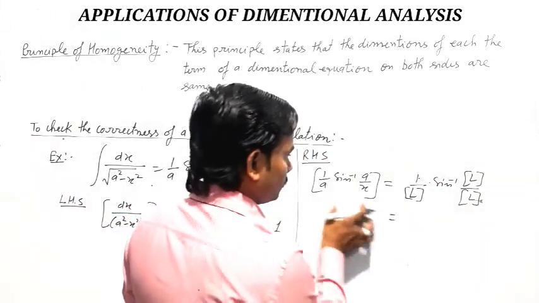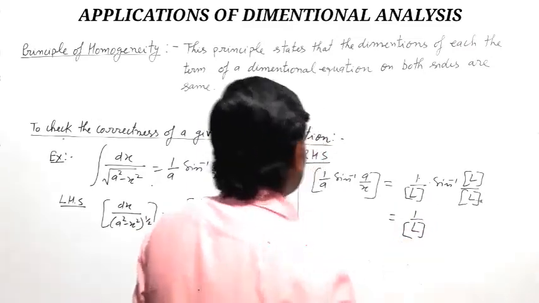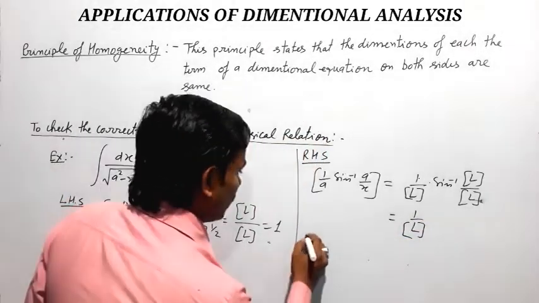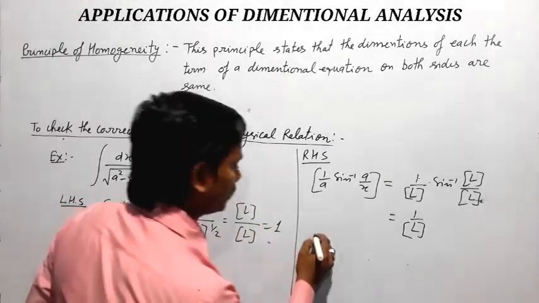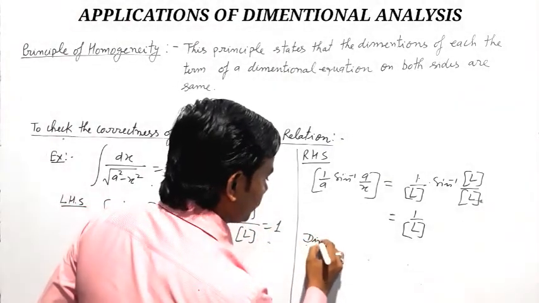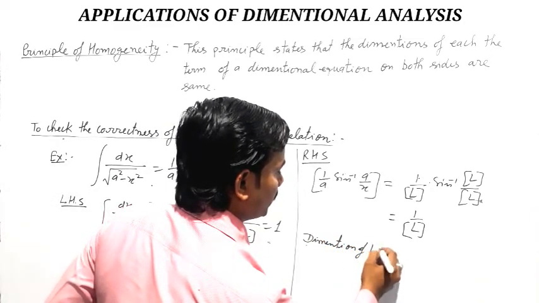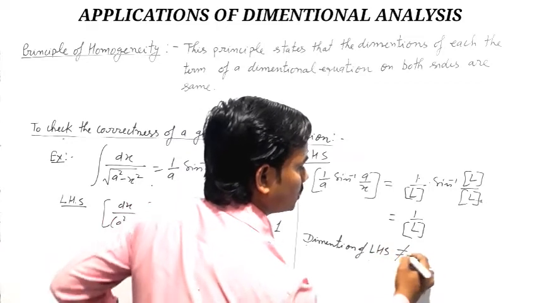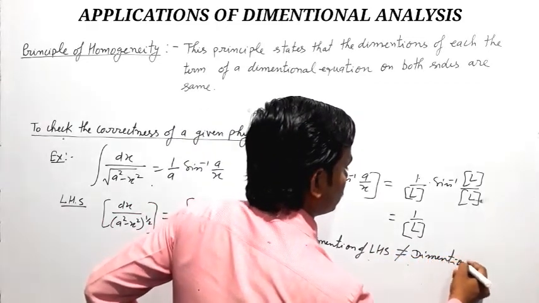So the dimension of this term is 1 upon L. Here we see that the dimension of the left hand side and the dimension of the right hand side are not equal. So the dimension of LHS is not equal to the dimension of RHS.